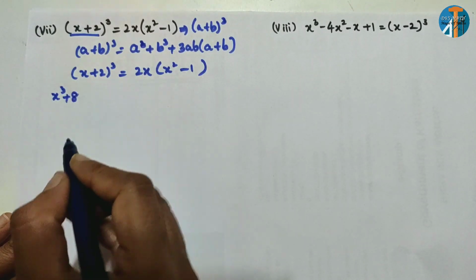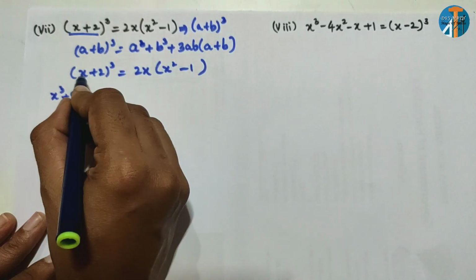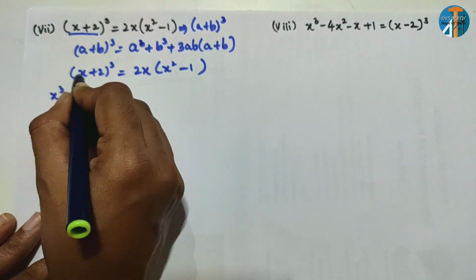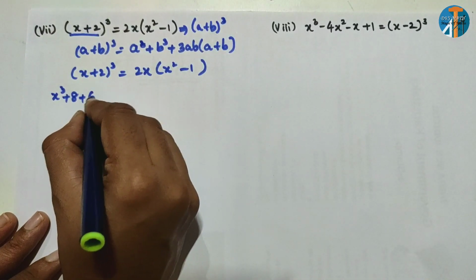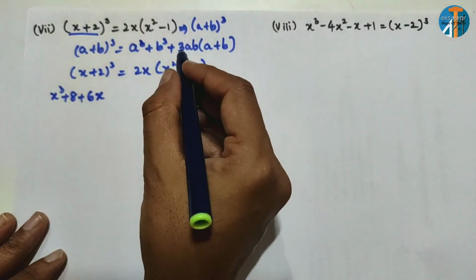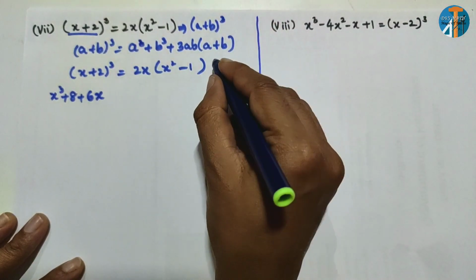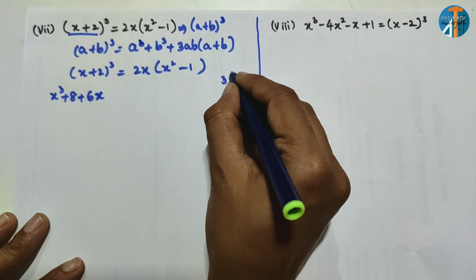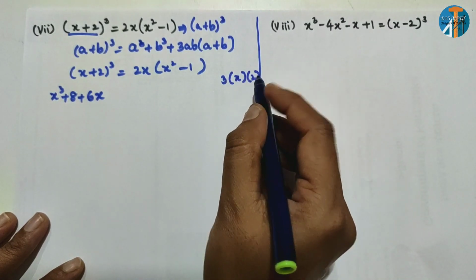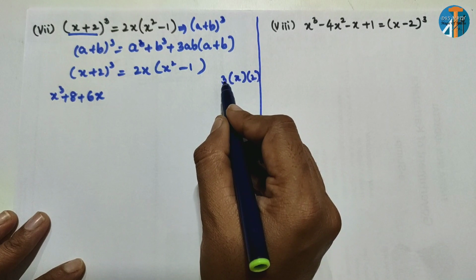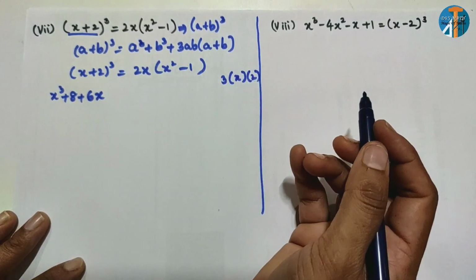I will write 8 plus 3ab. 3 will be as it is, a means x, that is 3x, b means 2, 3 2s are 6x. So 3ab, I had to completely multiply with this one, 3 2s are 6x. Again, a plus b.